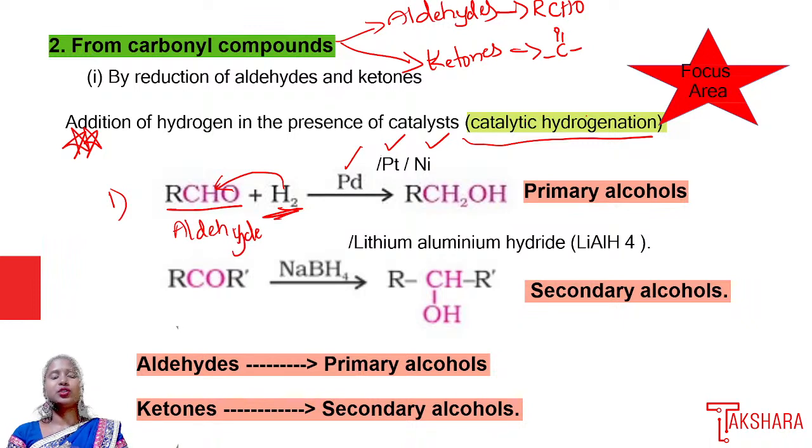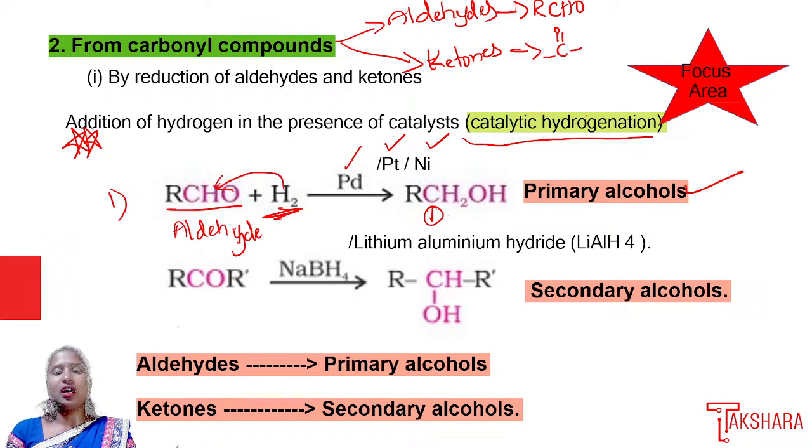So we get RCH2OH, which is called a primary alcohol, because the OH group is attached to the first carbon atom. So aldehydes undergo hydrogenation in the presence of a catalyst, and we call it catalytic hydrogenation.